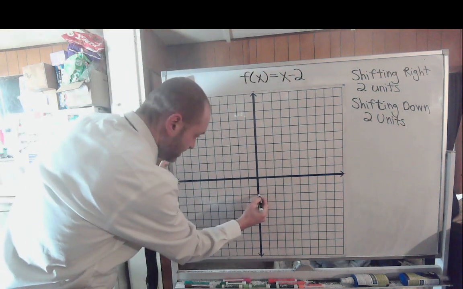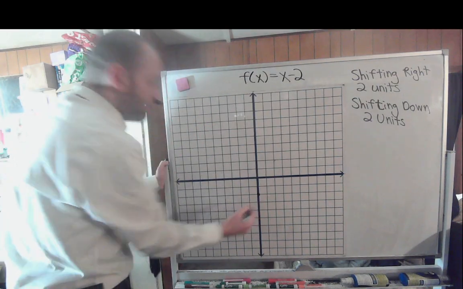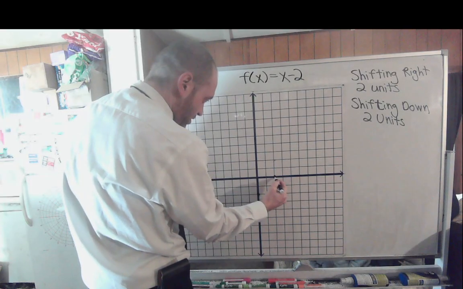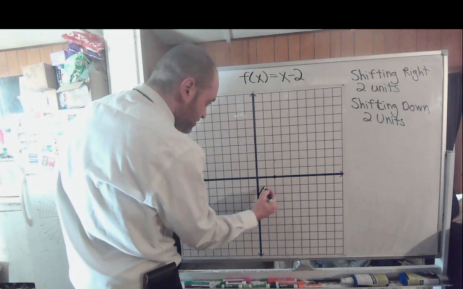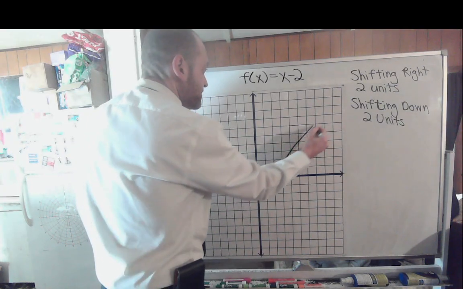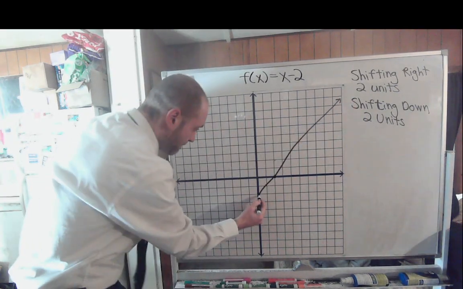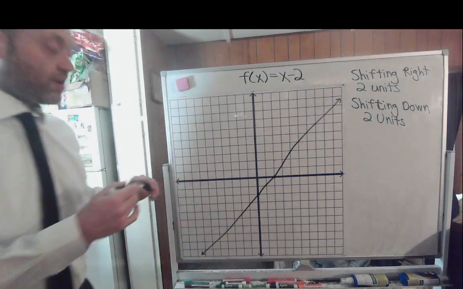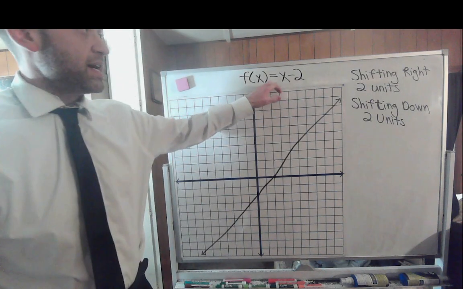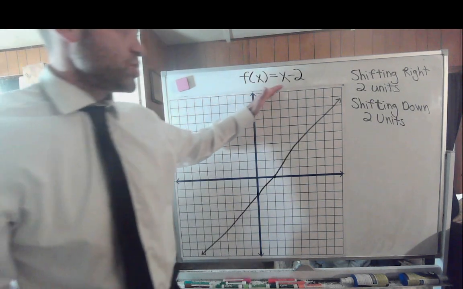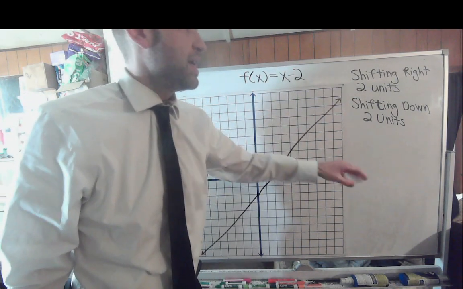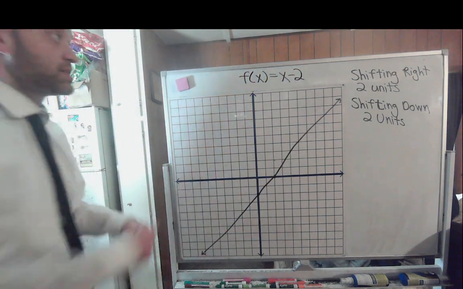So at x equals 0, I'll be at negative 2. At x equals 2, I'll be at 0. So 2 points should honestly be sufficient for the graph. So there's my graph of f of x equals x minus 2. I've shifted the original function f of x equals x to the right 2 units, and I've shifted it downward 2 units.